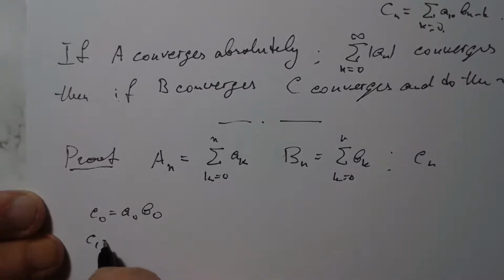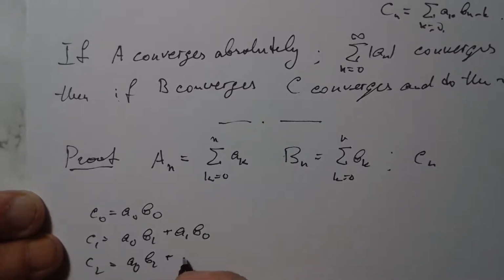And C_1 is equal to A_0 B_1 plus A_1 B_0. And C_2 is equal to A_0 B_2 plus A_1 B_1 plus A_2 B_0, etc. The nth term here, C_n, will be equal to A_0 B_n plus A_1 B_{n-1}.